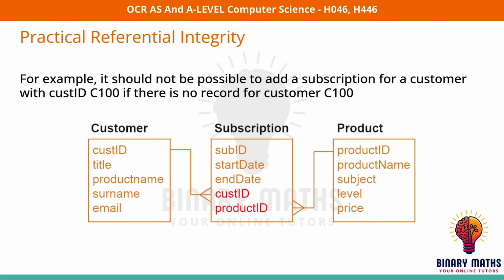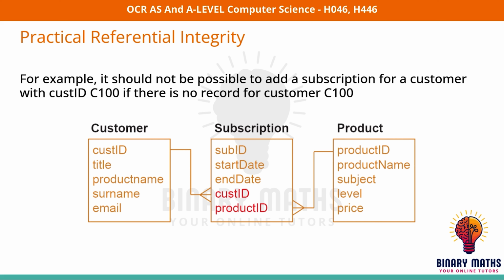Here's another example. Imagine you have a customer table and a subscription table. The subscription table has a foreign key that links to the customer table. Referential integrity ensures that you can't add a subscription for a customer who doesn't exist in the customer table. So if you try to add a subscription for a customer with ID C100, but there's no record for C100 in the customer table, the database will prevent you from doing that.